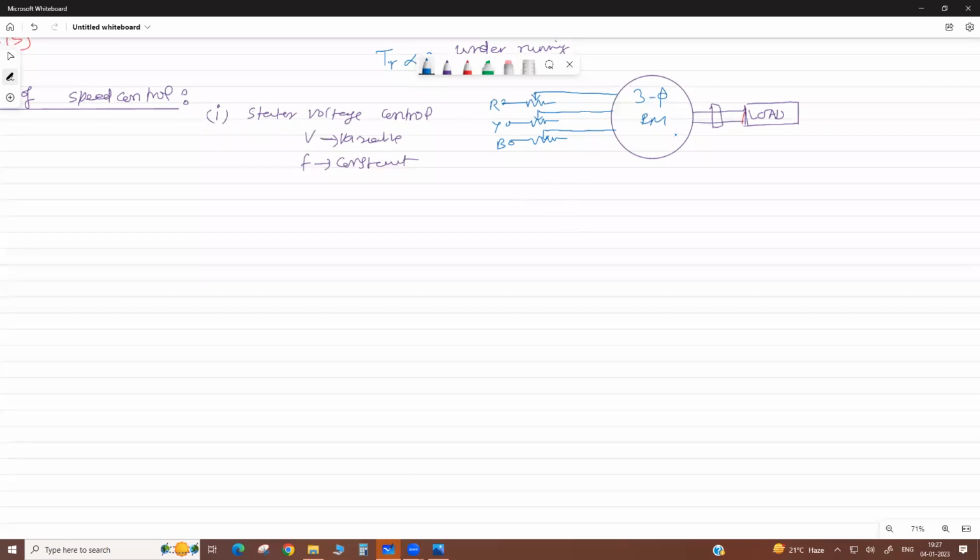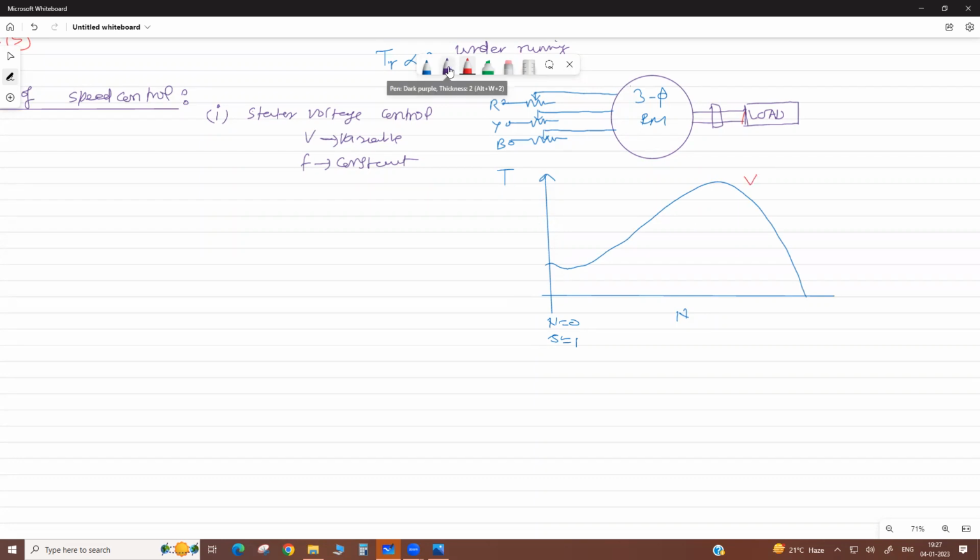We can explain how the speed is controlled by voltage control with the help of the torque versus speed curve. Here N is 0, slip is 1. Suppose this is your general torque versus speed characteristic, with rated voltage.